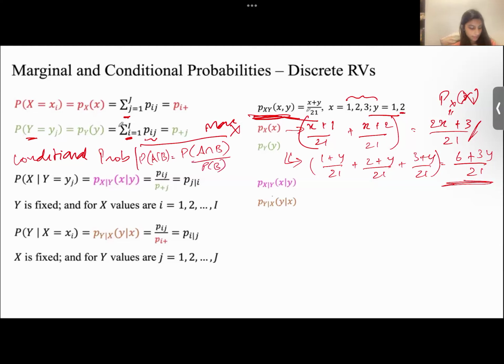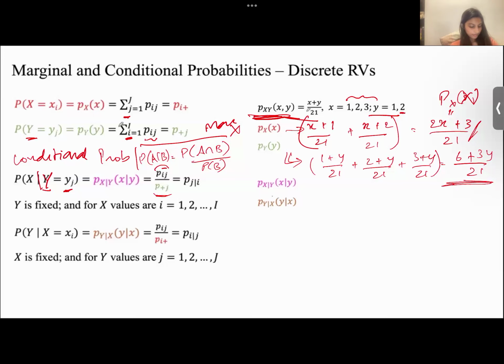Let's say you have P of X given Y equal to a specific value. You take the joint probability Pij divided by the marginal probability of Y. Whatever is in the condition, you take the marginal probability of that in the denominator.